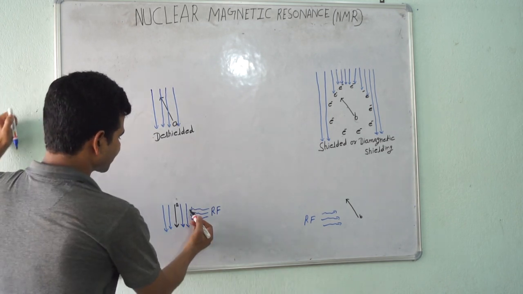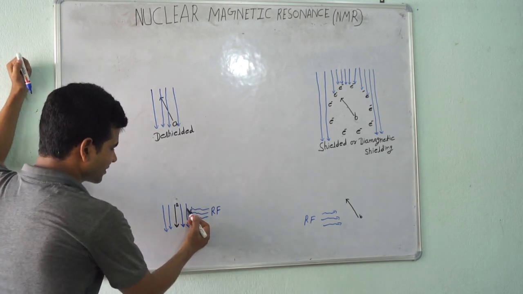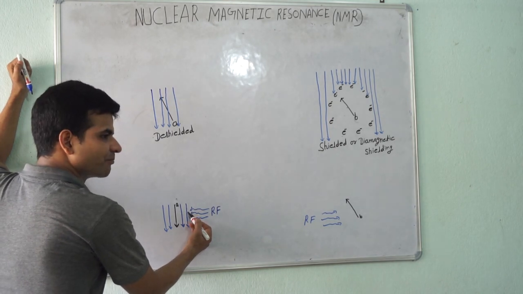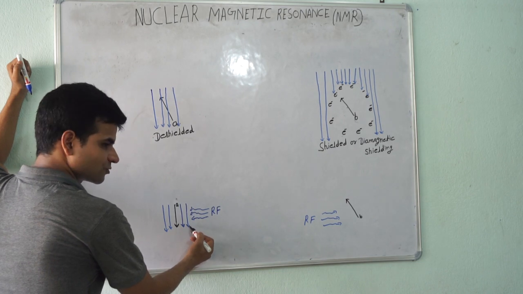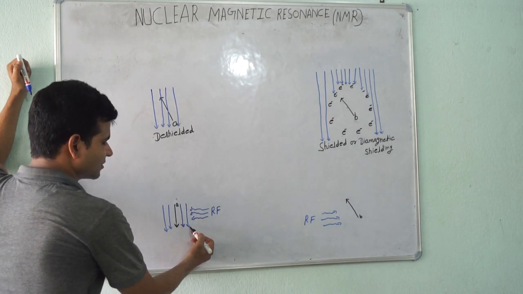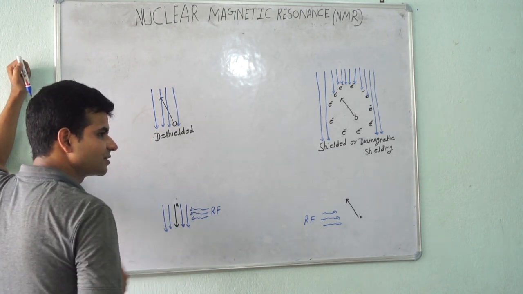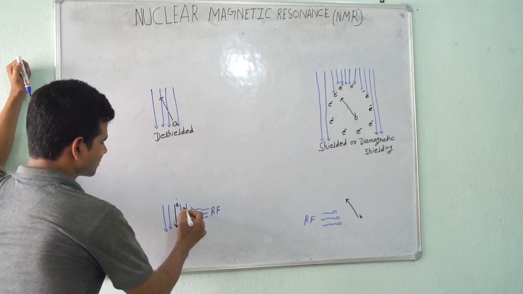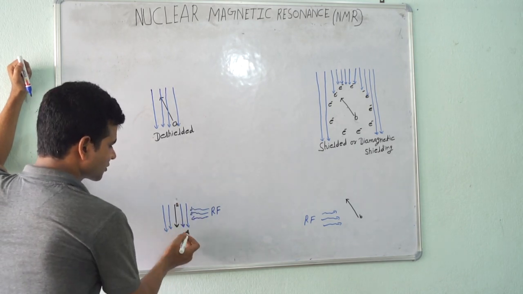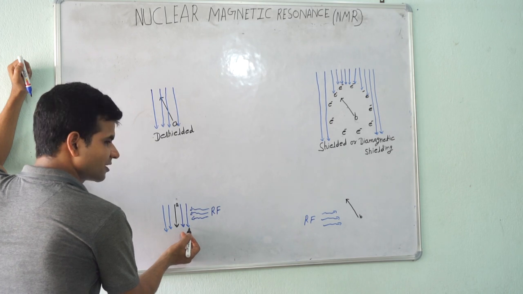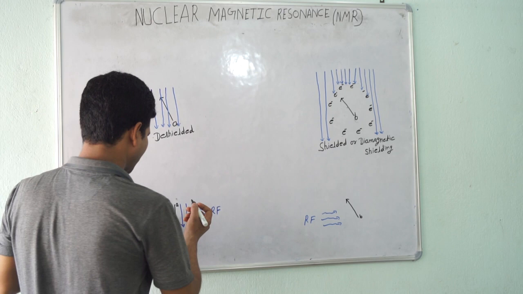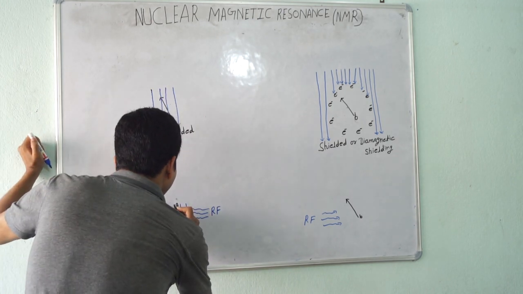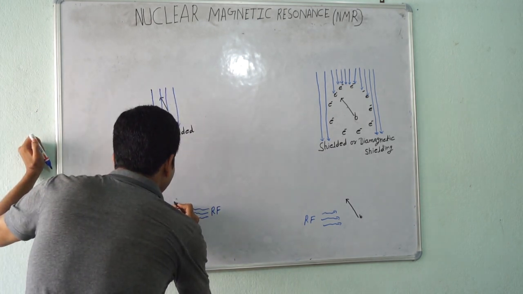Here the direction of the external applied magnetic field is from north to south. Therefore, the direction of beta spin would be from south to north, just opposite to the direction of the external applied magnetic field, like this.